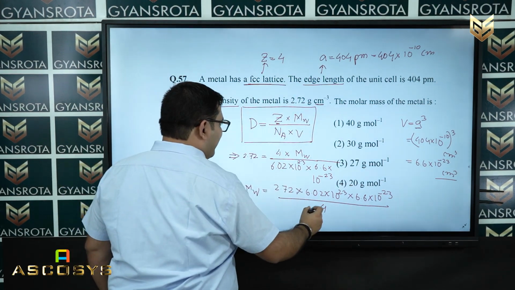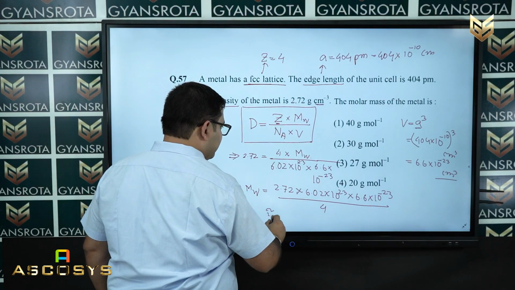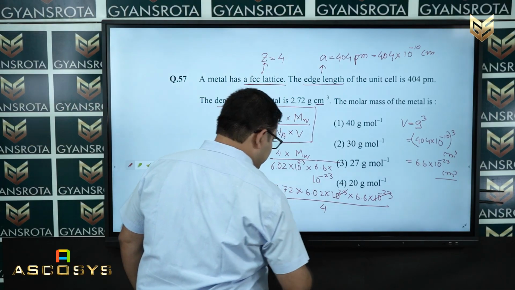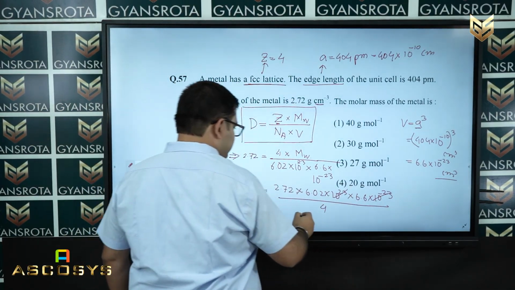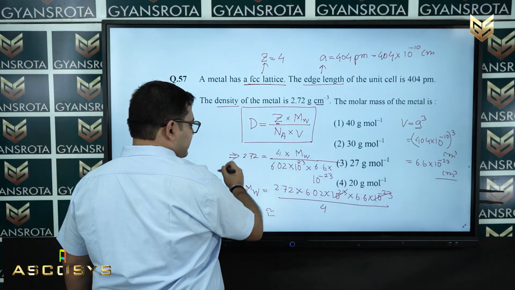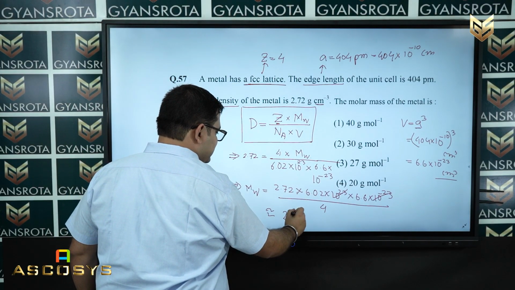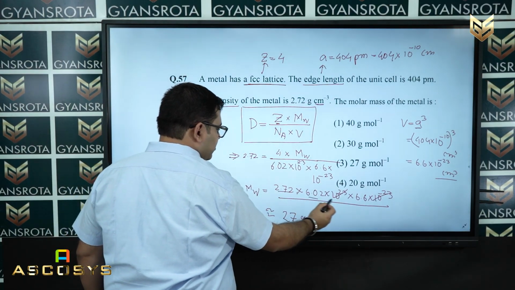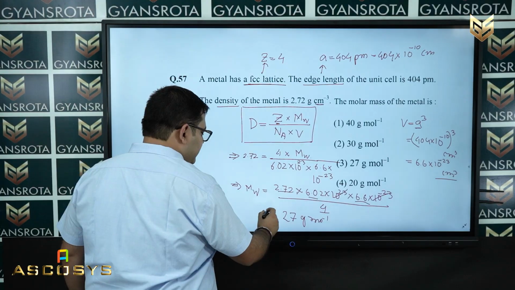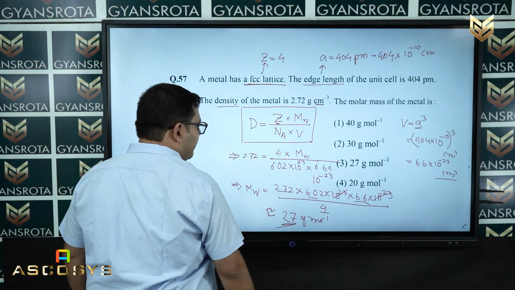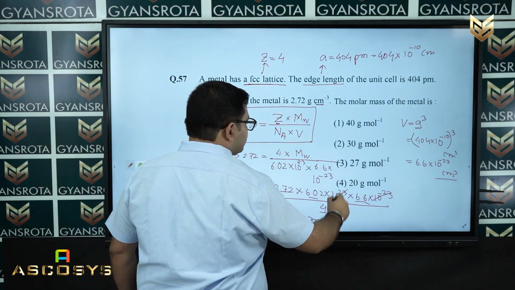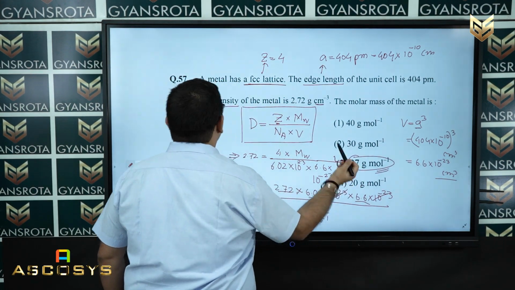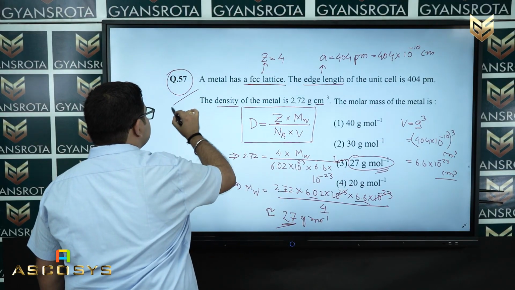If you solve this part, the 10 to the power 23 and 10 to the power minus 23 cancel out. So 6 into 6.6 and so on, the value approximately comes as 27 gram per mole. Just do the simple multiplication of these terms divided by 4. Among the options, option number 3 is 27 gram per mole, and this is the correct answer of your question number 57.